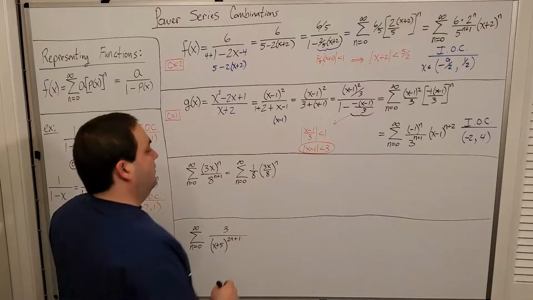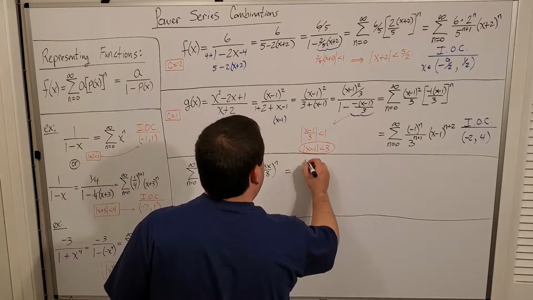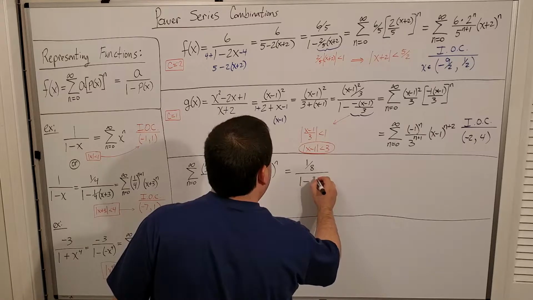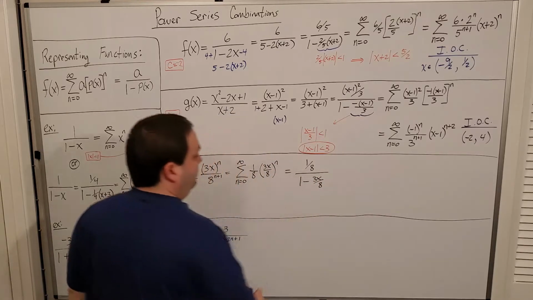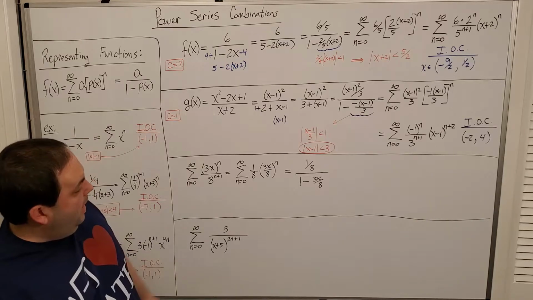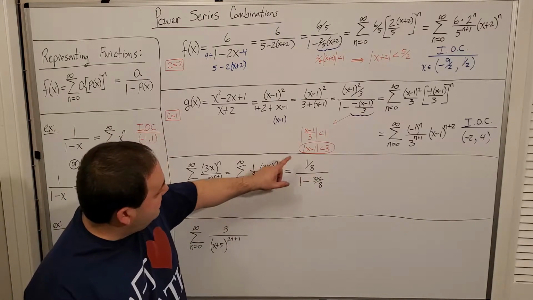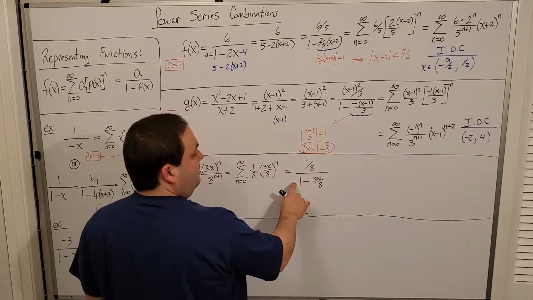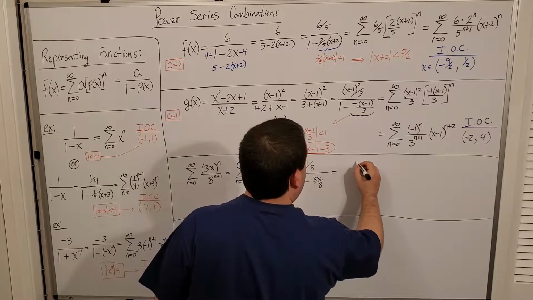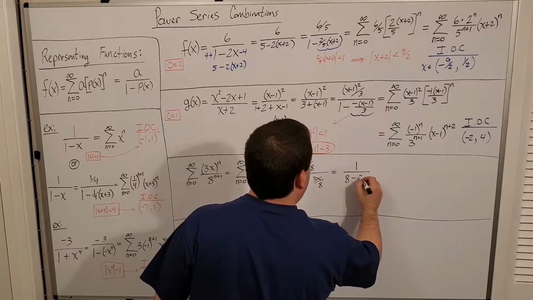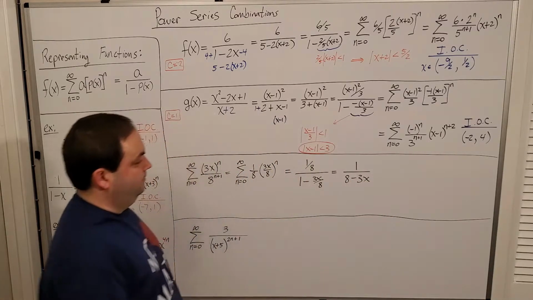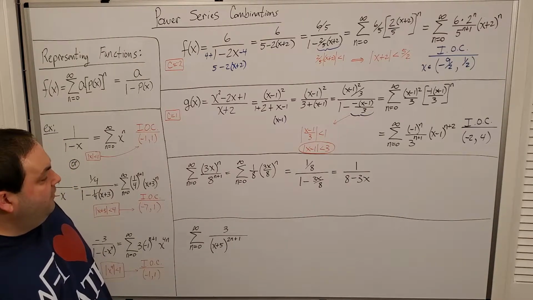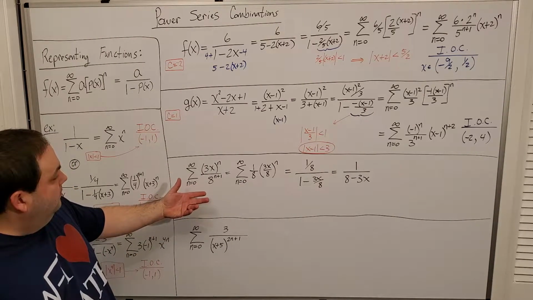So this is going to be equal to 1/8 over 1 minus 3x over 8. And I'm just going to multiply by 8 in all of the locations. If I multiply the numerator and denominator by 8, that's going to give me 1 over 8 minus 3x. And voila. We have our function that this is equivalent to, right?